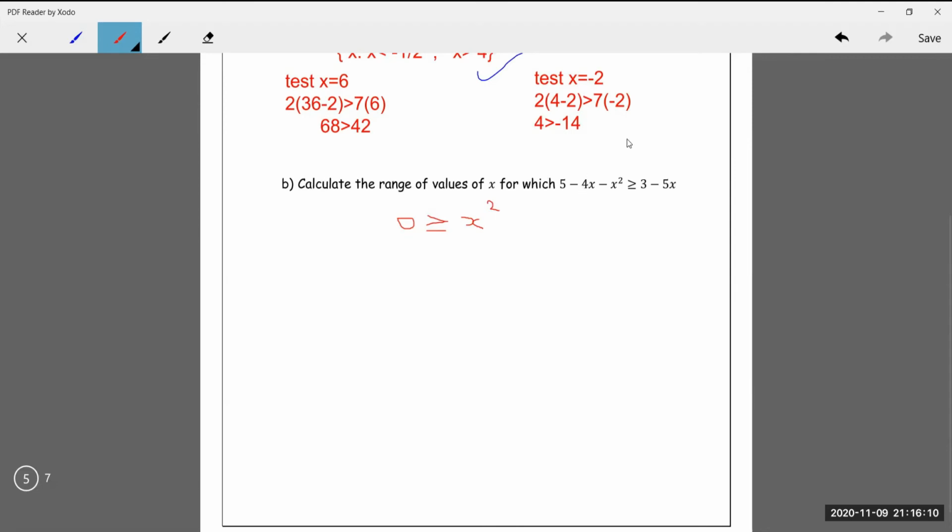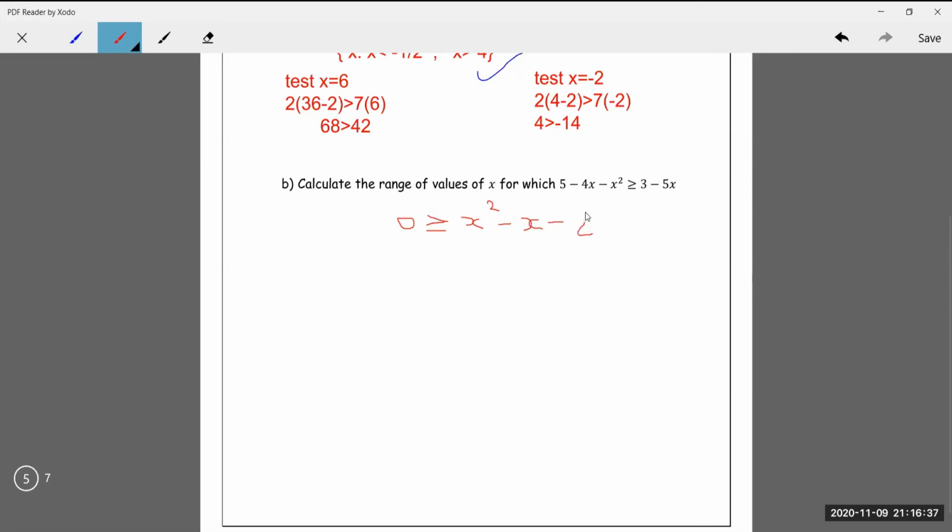If I were to bring over the minus 4x here, I would get 4x minus 5x. And so that's 4x minus 5x. That works out to be minus x. So I'm adding 4x to both sides, and then I subtract 5 from both sides. Subtracting 5 from both sides, minus 5, minus 5. 3 minus 5 is -2.